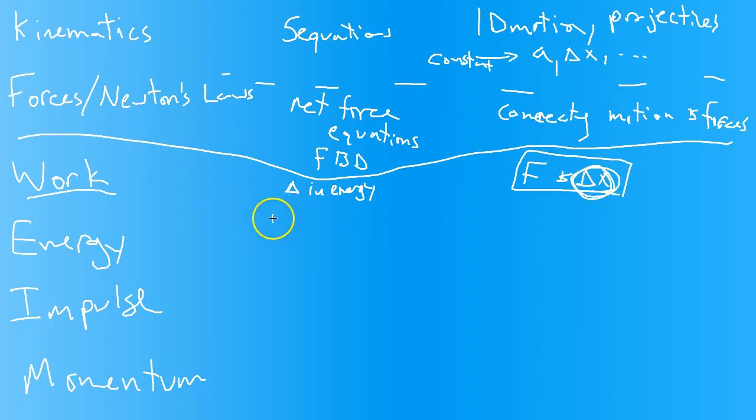Energy can be used in a lot of situations. This frees us from thinking about direction. Energy allows us to do a lot of calculations like those we did with kinematics or with forces, and simplify them in scenarios where direction isn't necessarily relevant. And it allows us to look at energy transfers, like situations where we're transferring from potential energy to kinetic energy, or maybe energy from a spring. So energy conservation can be useful in a lot of situations.